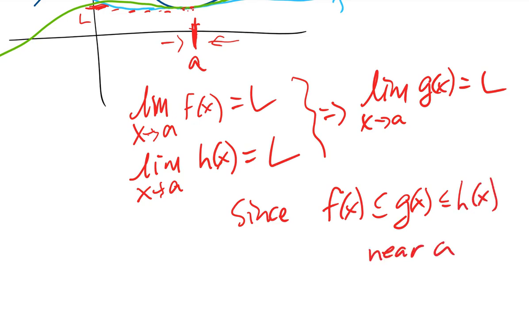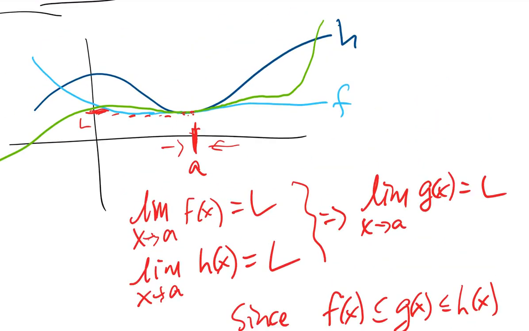Doesn't even really matter what's going on much further out than A. But near A, in a little region around A, those inequalities are true. And if that's true, then if h is going to L over there and f is going to L over there, then g has to go to L also.